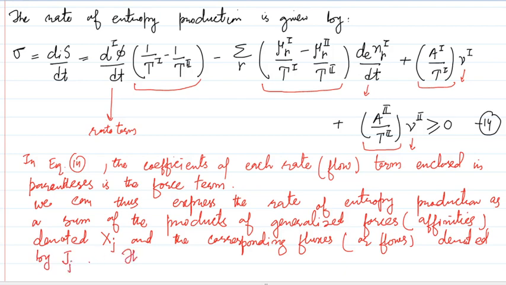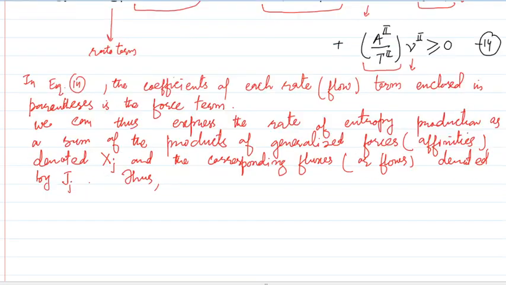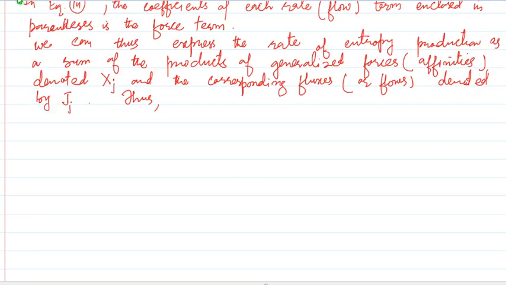So thus we will have a simple form of this equation. That means we can simply write this rate of entropy production for an open system will be equal to dIS upon dt, which we have here considered as the sum of the products, summation over j of Jj and Xj.